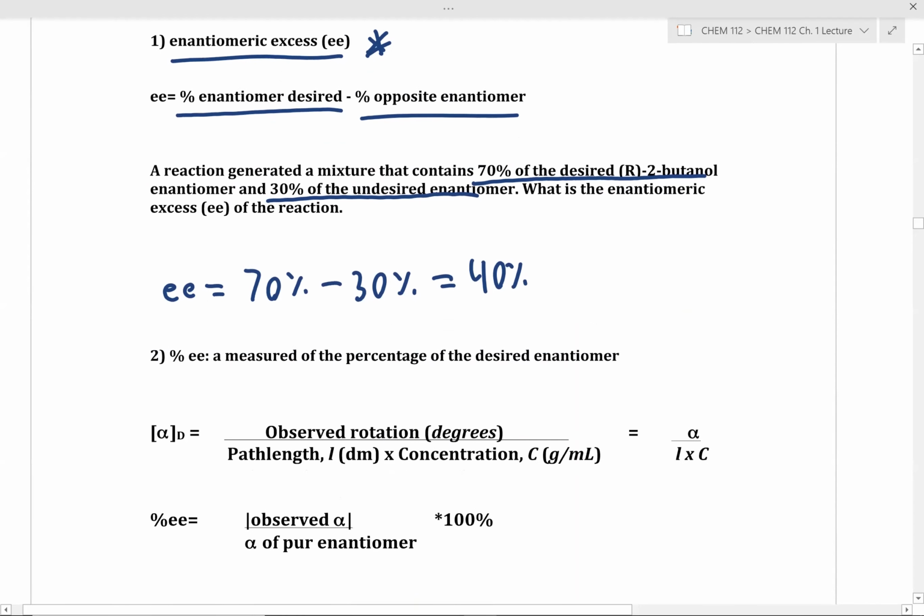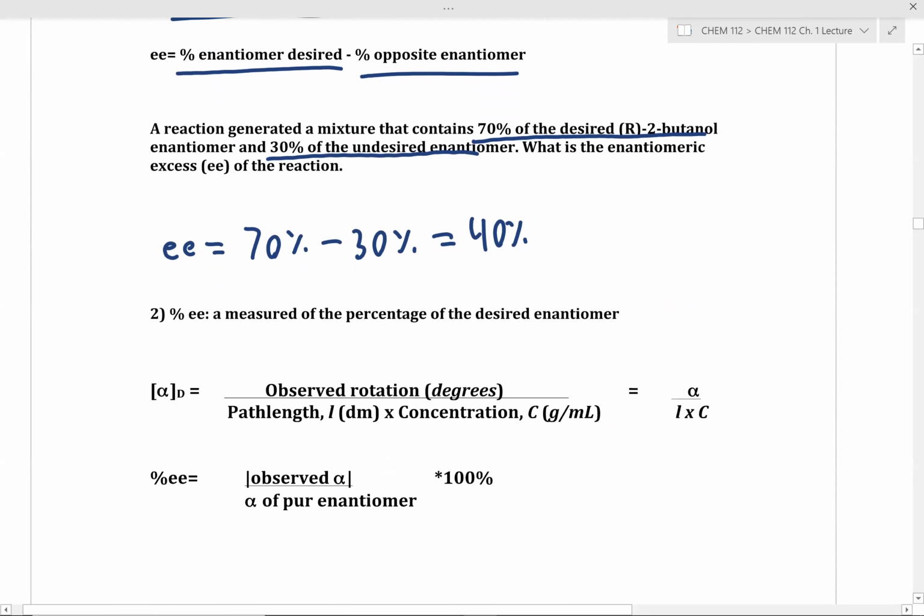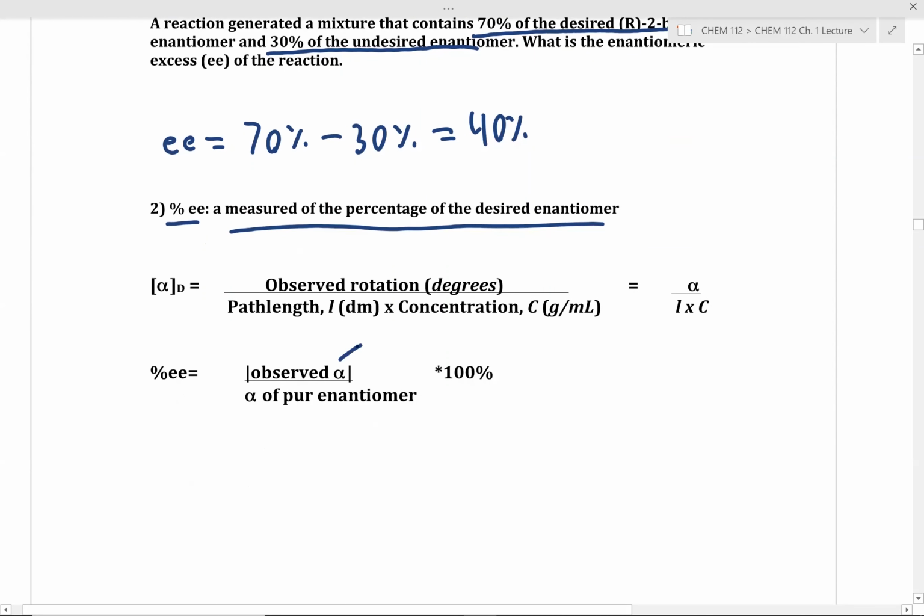Now, the other method of measuring the ratio of desired to undesired enantiomer, although I personally don't prefer it, is %EE, which is a measure of the percentage of the desired enantiomer. So quite simply, you take the observed optical rotation, divide it by the optical rotation of the pure enantiomer, times 100%.